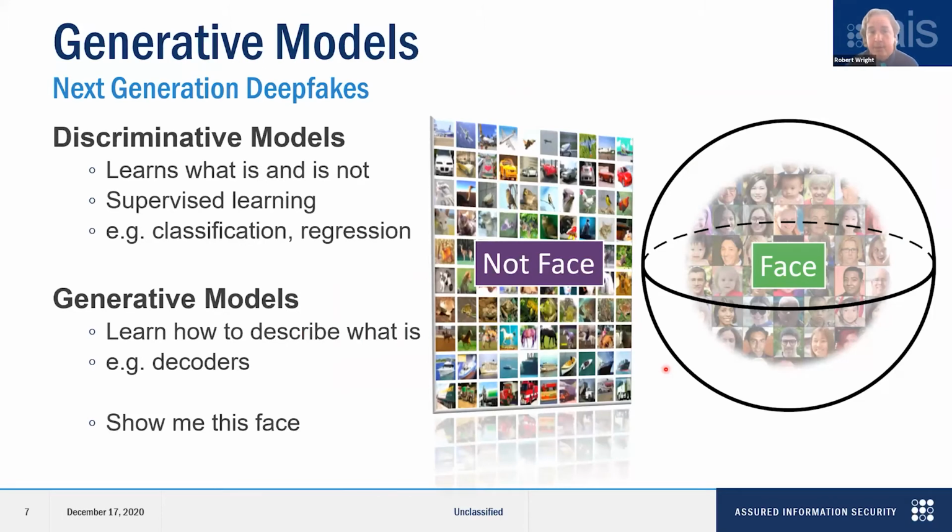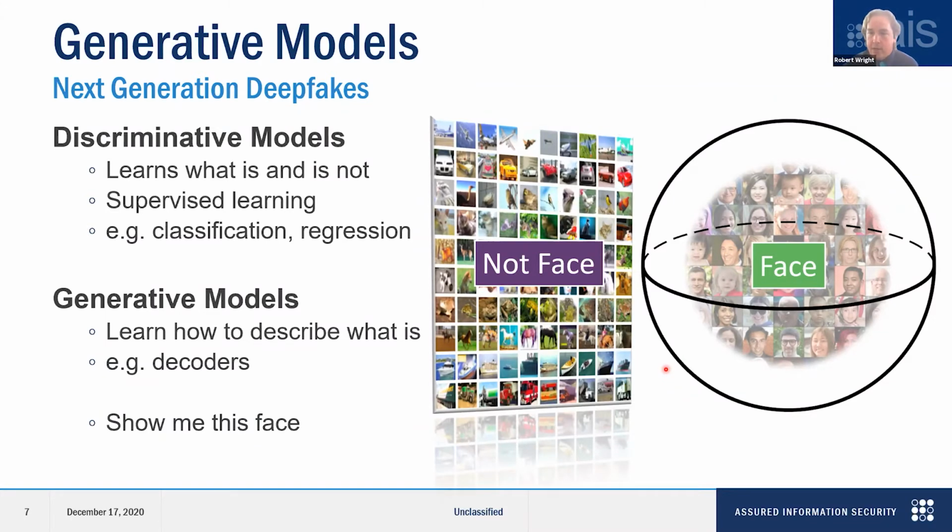And yes. Things that are coming out now are based on advances in generative modeling. A lot of the advances in deep learning and the applications that we've seen have been related to what are known as discriminative models. These are classification, supervised learning types of tasks where the model is learning what is and what isn't a thing.